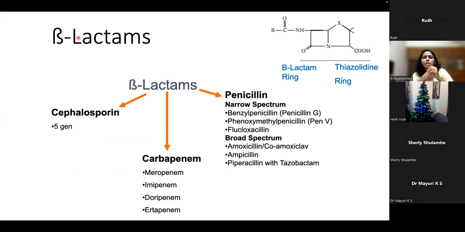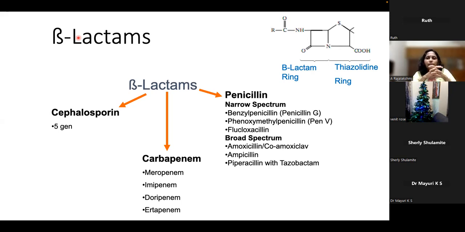I would like to recap: starting with macrolide, fluoroquinolone, aminoglycoside, tetracycline, cotrimoxazole, and coming to gram-positive cover, vancomycin, the glycopeptide group including teicoplanin, daptomycin, linezolid. That sums up almost all the important drugs, their mechanism of action, drug resistance, and spectrum.